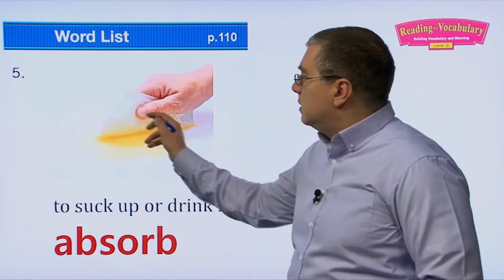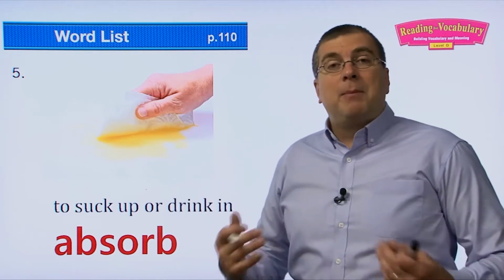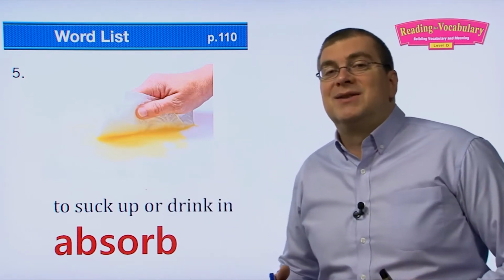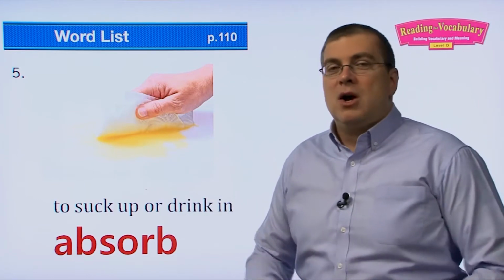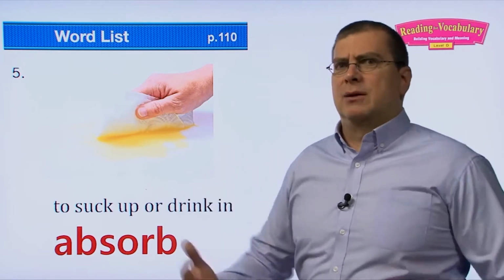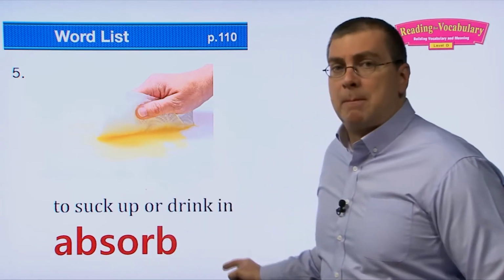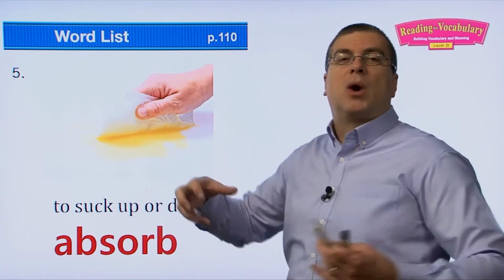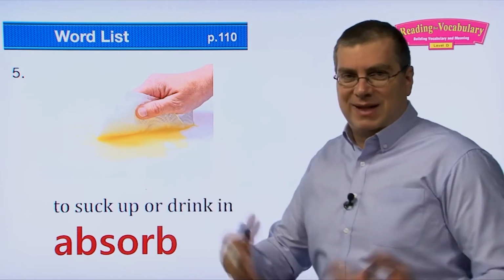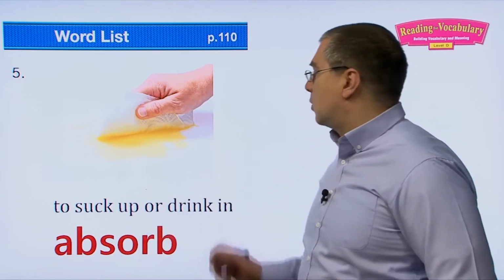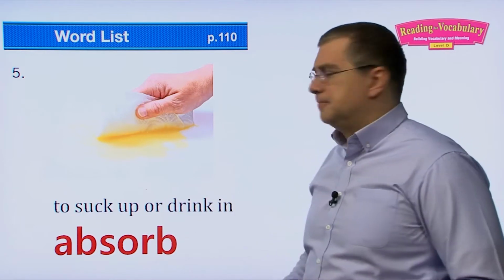And the companies that make paper towels will boast, they will brag, they'll say, our paper towels have great absorption power, right? They will absorb a lot of liquid, to take in or to suck up or to drink in or to take in.